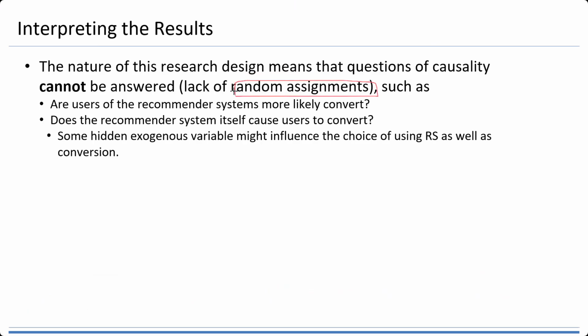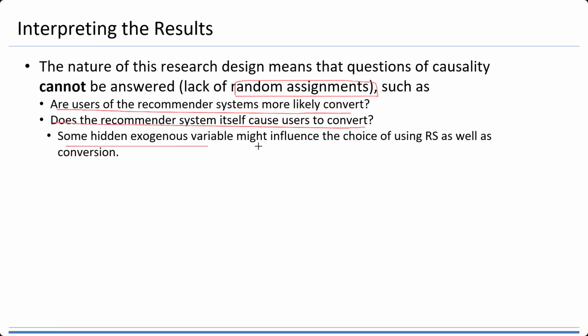But in the decision, we do not want to recommend randomly. We want to know that the recommender system will convert the users. Does the recommender system itself cause users to convert? If the users do not change, then the recommender system is not good. That's the practical effect.